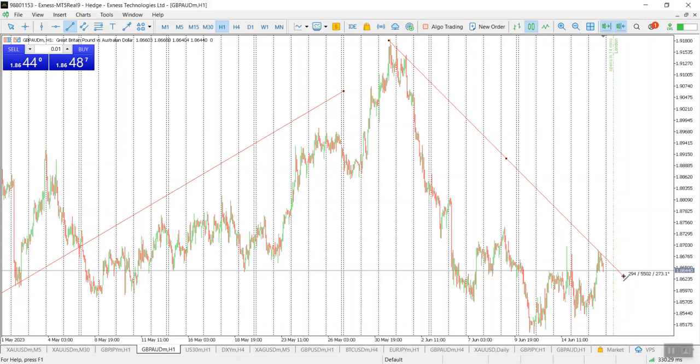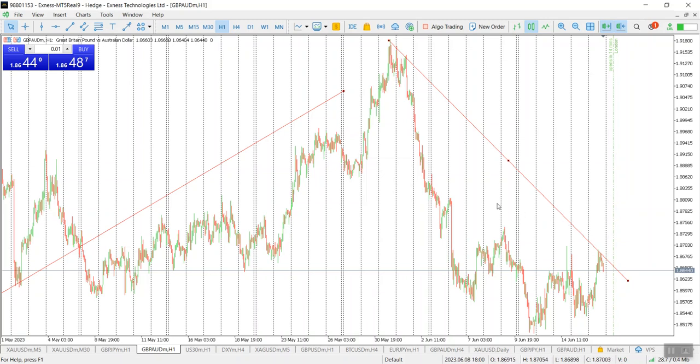You understand? So on our 1 hour time frame, that's our short time frame, we are seeing a bearish market. But on our long term time frames, 4 hours and daily, we are seeing buys. Then on our 1 hour, we are seeing sells, a bearish market.